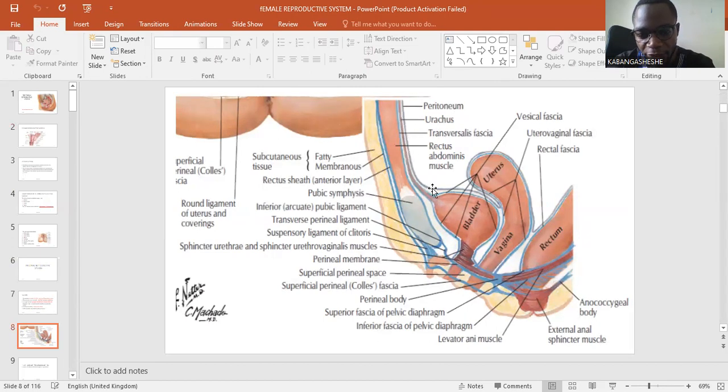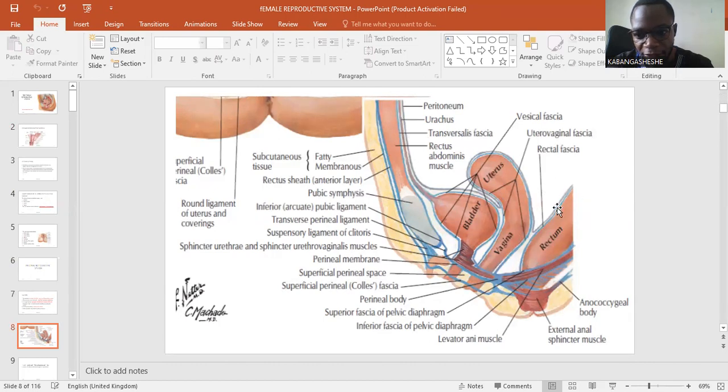The parietal peritoneum extends all the way into the pelvis. This is the pelvis. It forms a tent on the superior surface of the pelvic organs. You can see that grayish line, that is the peritoneum. Above it, all this space is abdomen. Below that peritoneum, that space is pelvis. All these organs we are seeing are in the pelvis.